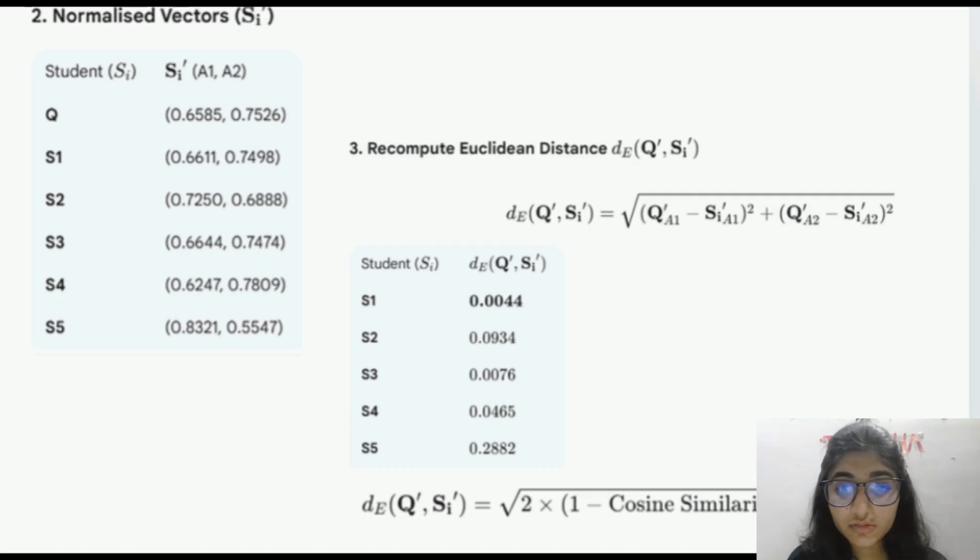Now we recompute the Euclidean distance. Applying the formula, we get the values for S1, S2, S3, S4 and S5. We put all these values in the cosine similarity relation, that is the square root of 2 times (1 minus cosine similarity). In this, we get the cosine similarity too.